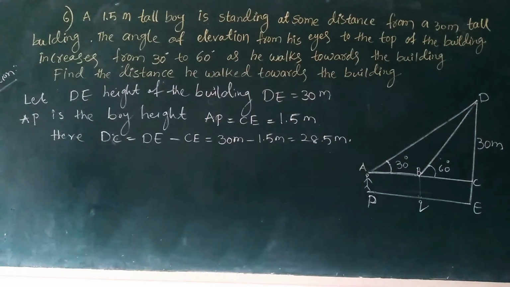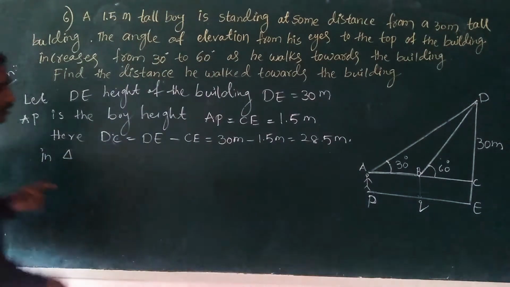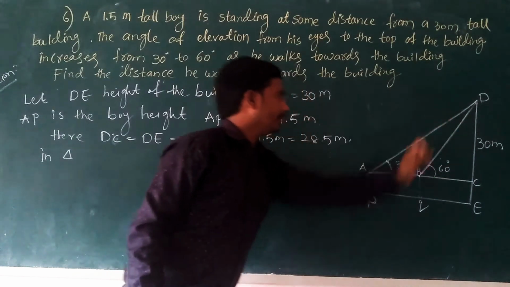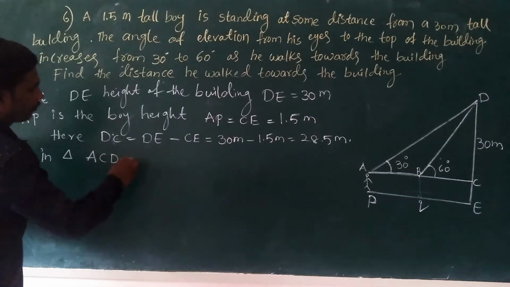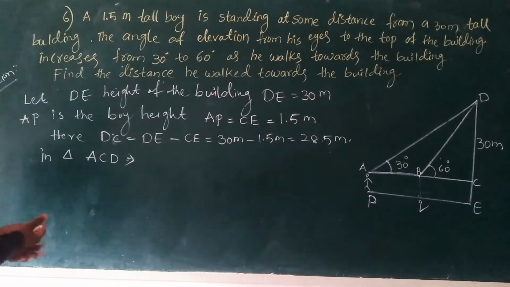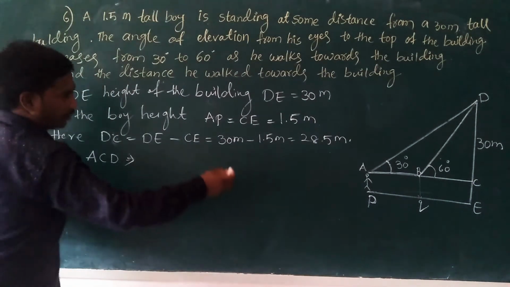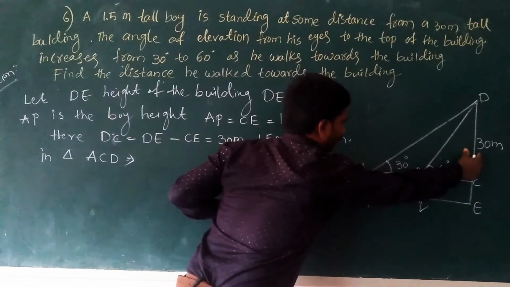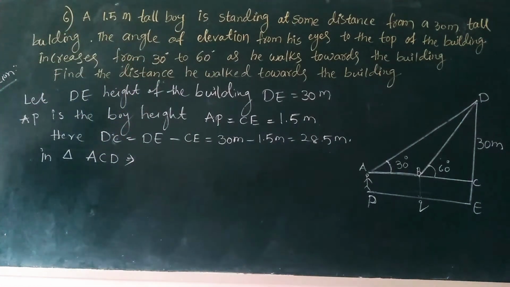Now consider the triangle ACD. In triangle ACD, the side opposite to the angle is 28.5 meters.